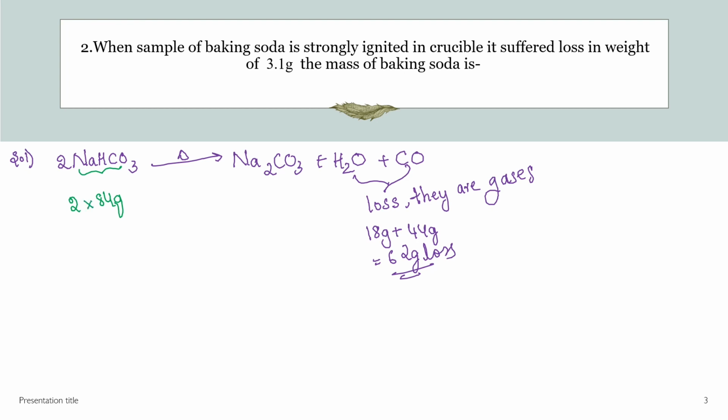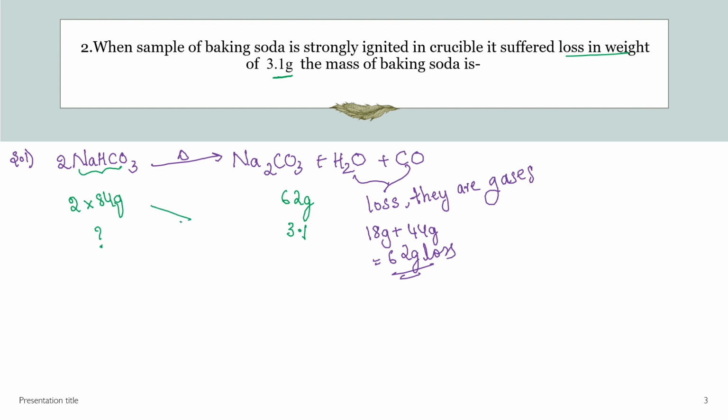Here in the question, it suffered a loss in weight of 3.1 grams. So they said here the loss is 62 grams, and then they said it is 3.1. So what will be the mass of baking soda?